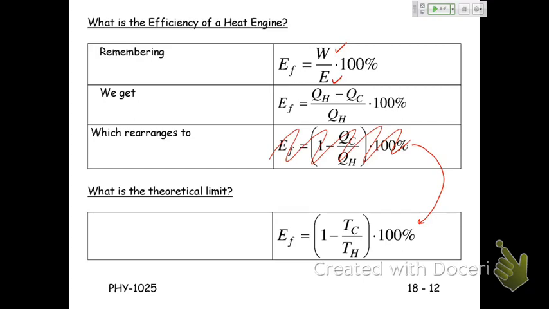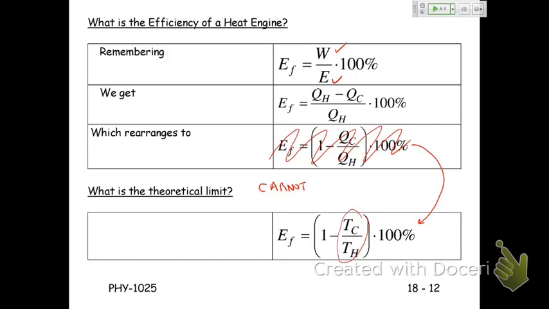The theoretical limit is done with a thing called a Carnot engine. And this is as good as it gets. You can't make a Carnot. You can approach it, but you can't make it. And that limit depends on the ratio of the temperatures.